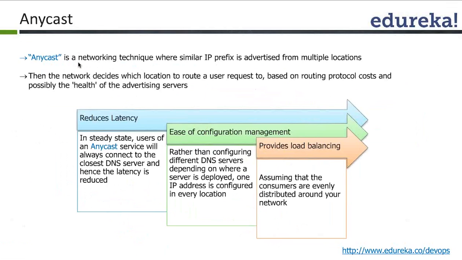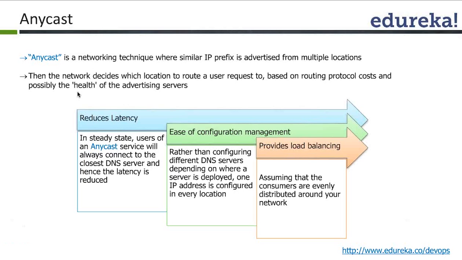Okay, so Anycast is a networking technique where similar IP address is advertised from multiple locations. When the network decides which location to route a user request to based on routing protocol cost, that is the distance, okay, and possibly the health of the server.